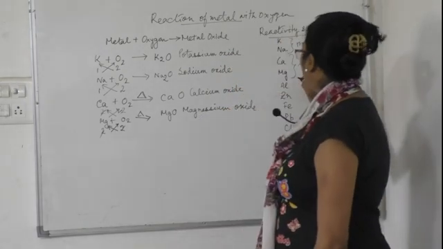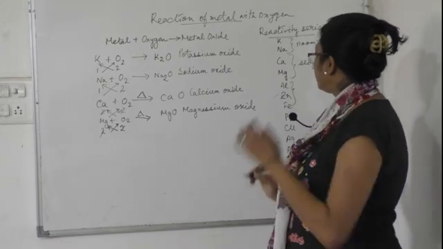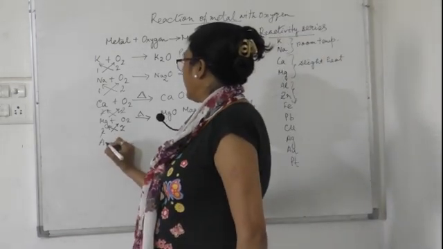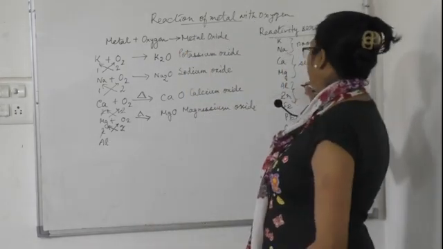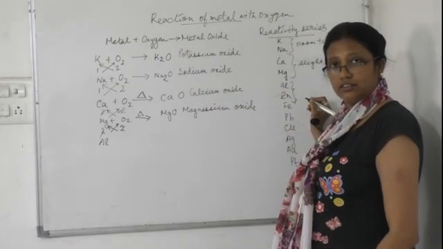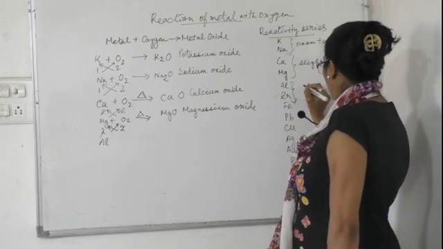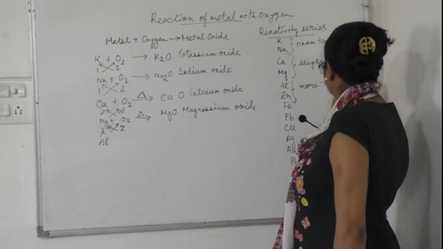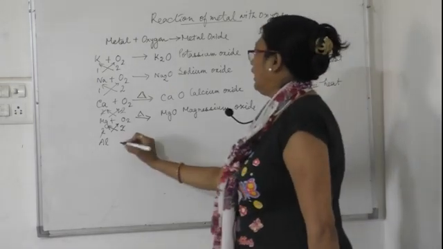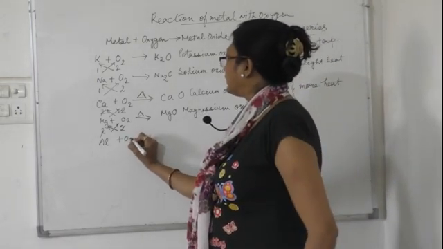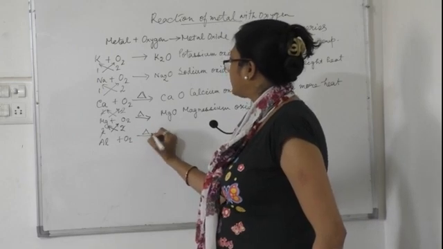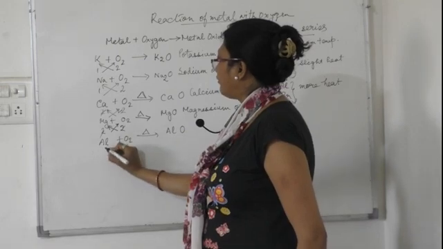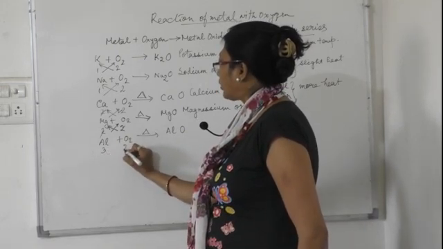Now next move on to aluminium and zinc. They are a little less reactive, so a little more heat is required here. Aluminium plus oxygen, more heat required, aluminium oxide. Now the valency of aluminium is 3 and oxygen is 2.